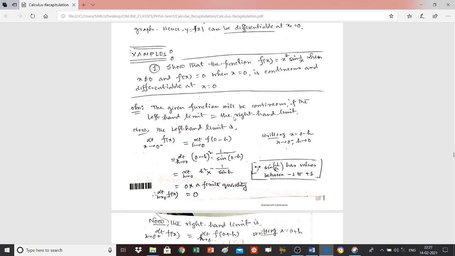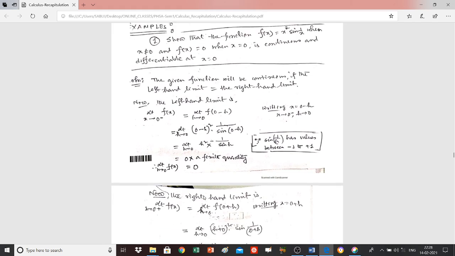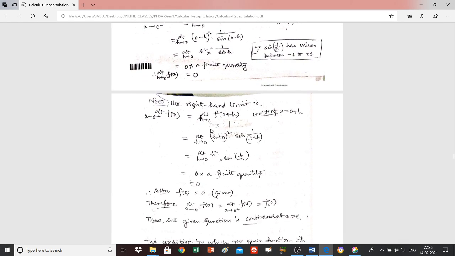So here it is (0 minus h) whole square, then sine 1 by (0 minus h), that is h square into minus sine 1 by h, which equals 0 into a finite quantity. Since this finite quantity is multiplied by 0, it will result in 0.